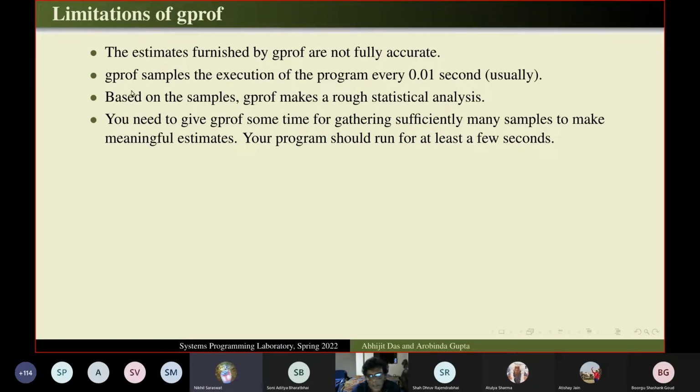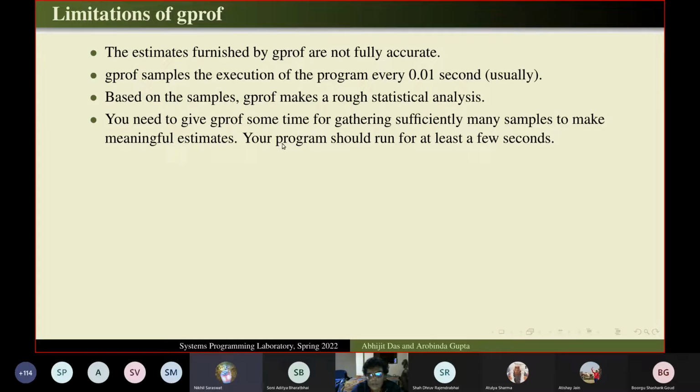With 2 samples, a statistical analysis will be too poor. You need to give gprof some time to gather sufficiently many samples to make meaningful estimates. You need at least 100 samples, or say 1,000 samples, which is a good number.